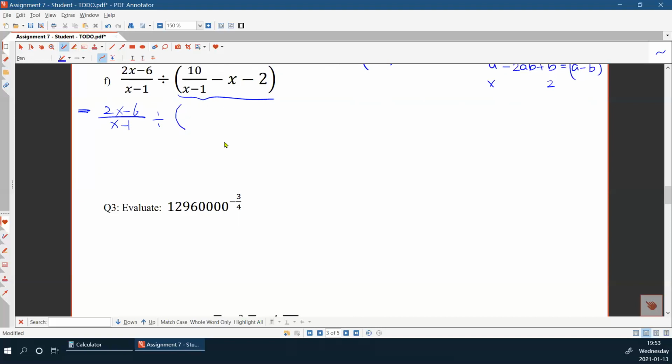How to make the calculation easier? You can rewrite the expression as minus x plus 2, right? Do you have any questions on this step?